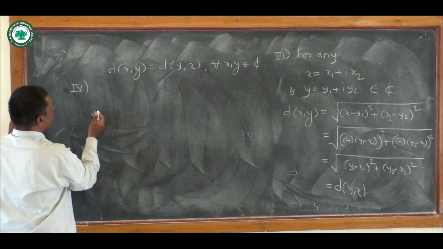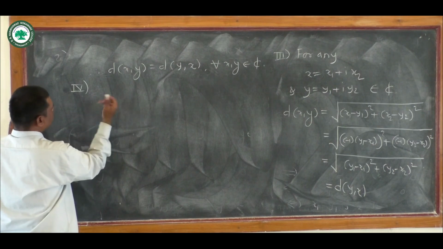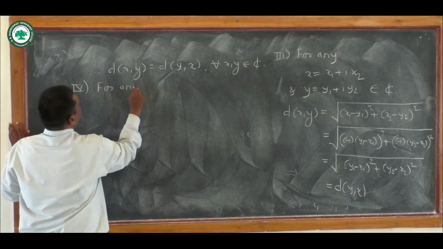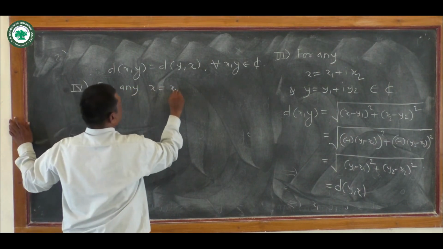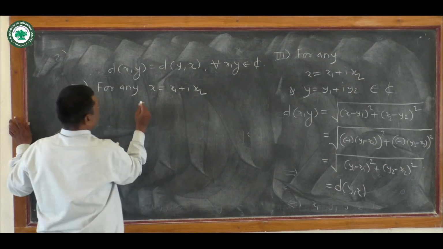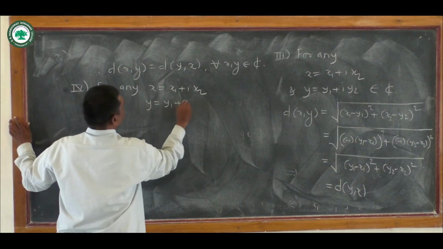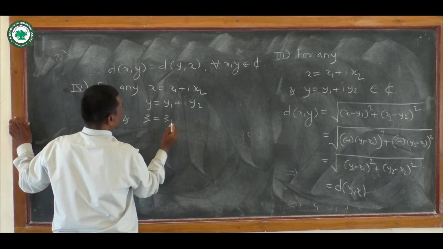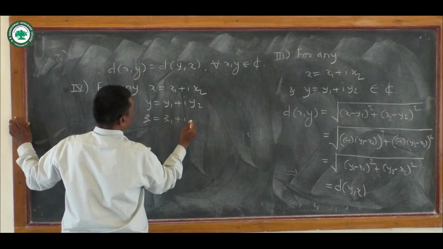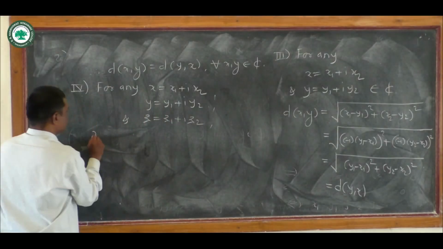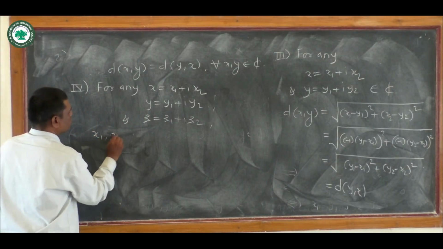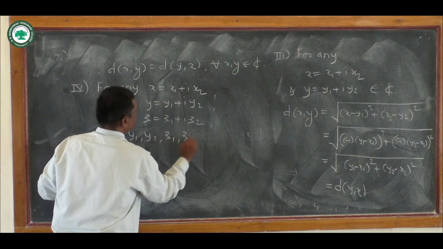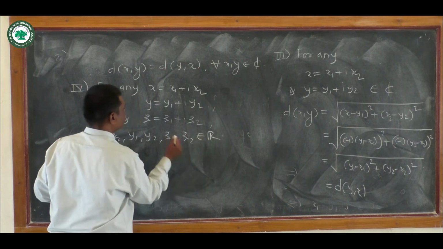For the triangle inequality we take three complex numbers: x equal to x1 plus i x2, y equal to y1 plus i y2, and z equal to z1 plus i z2. Here x1, x2, y1, y2, and z1, z2 are all real numbers.